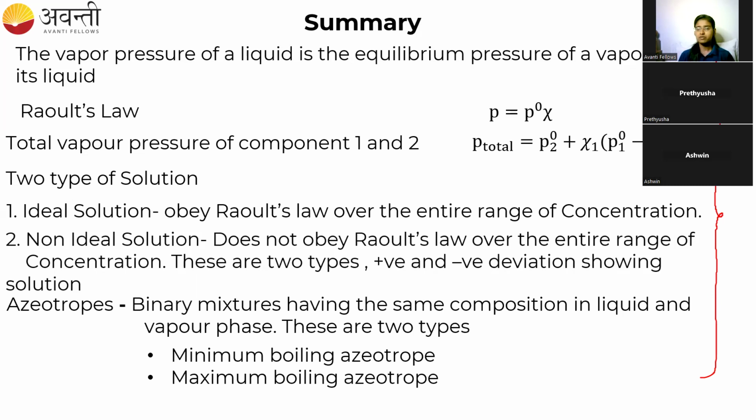Is everything clear so far? Say yes or no in the chat box or give me a thumbs up so that I can understand. So shall we move on to the questions?